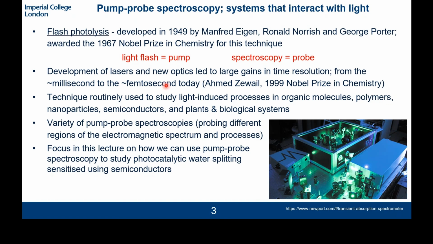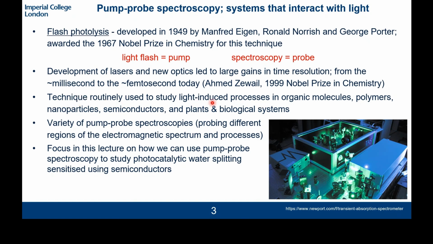So you can see it's a very important area of science because we've had two Nobel Prizes in this topic. So it's good to understand, even if you don't work specifically in the area of flash photolysis or use it at all, its merits and what you can do with it. So what do people do with it?